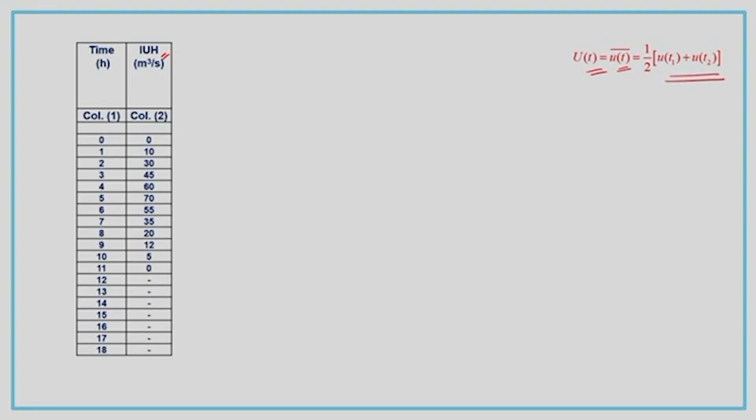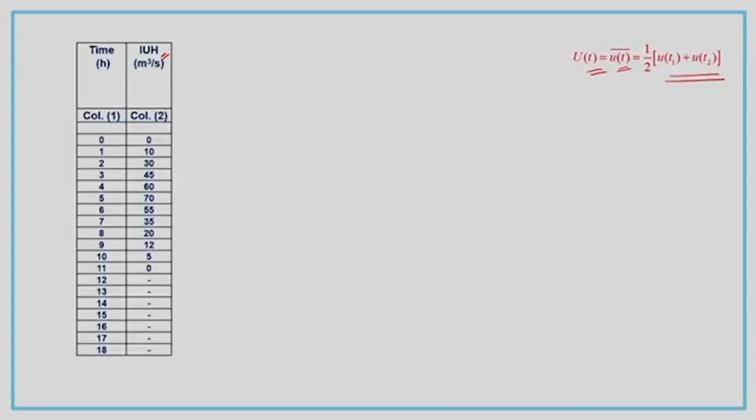We can derive a unit hydrograph having any duration d, that is equal to t2 minus t1, by taking the average of the ordinates of IUH at t1 and t2. That will be giving us the ordinate of unit hydrograph corresponding to a duration of t2 minus t1.